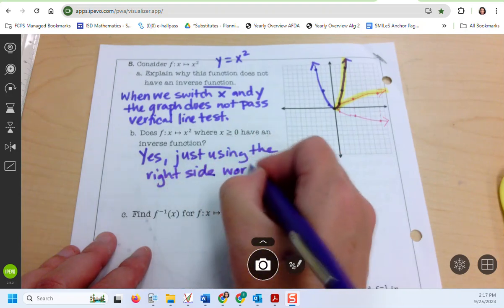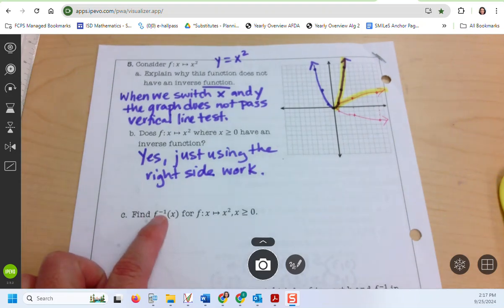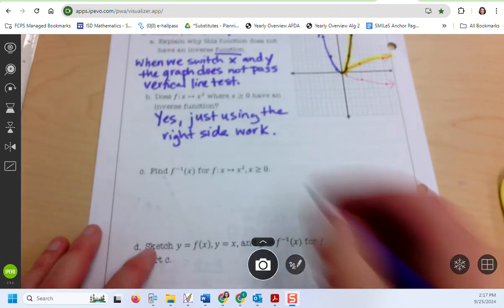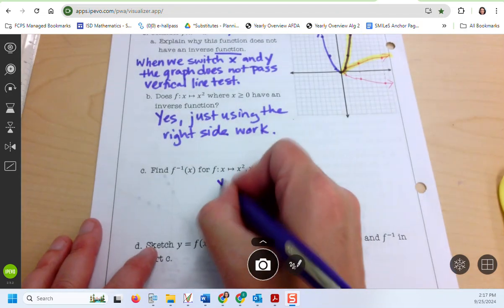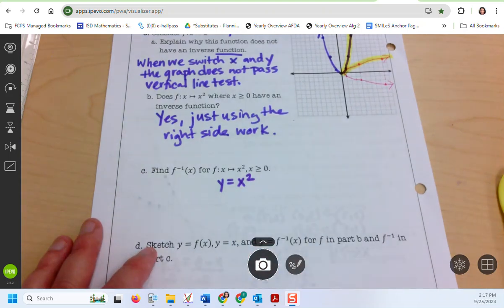When they want to talk about the inverse of a quadratic function, they have to limit the domain to just half of that so that it will work. So you just pick that out. Okay? So to find the inverse for x greater than or equal to 0, we have y equals x squared, and then we switch the x and y.